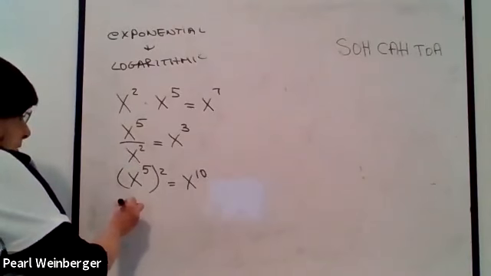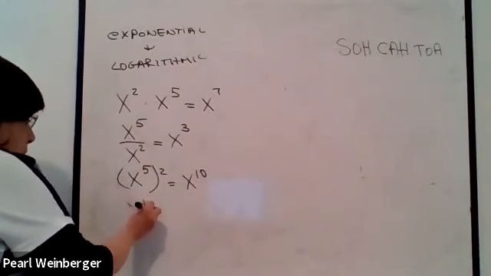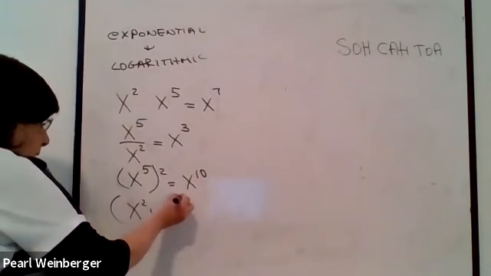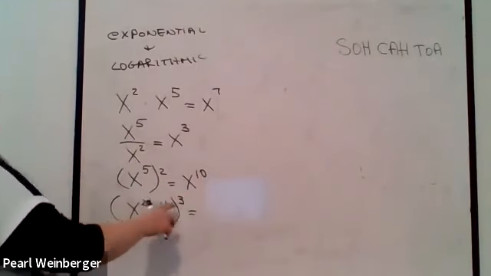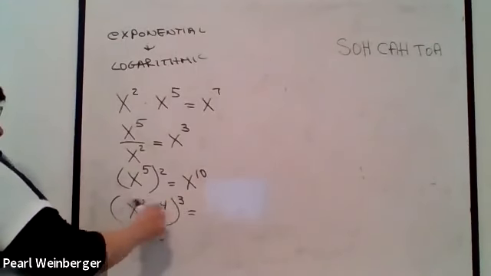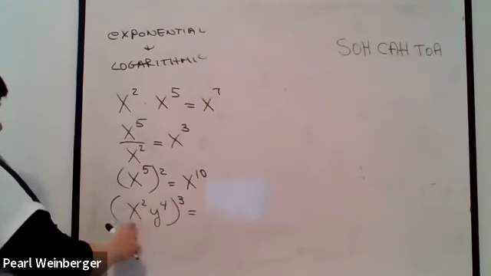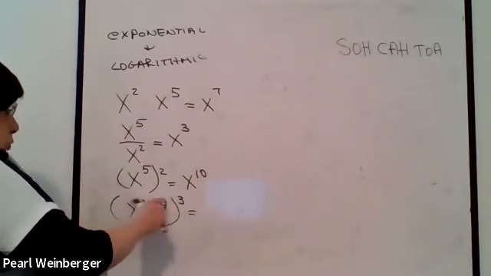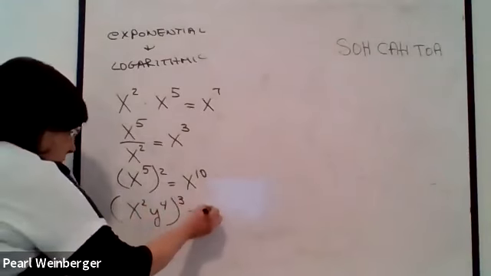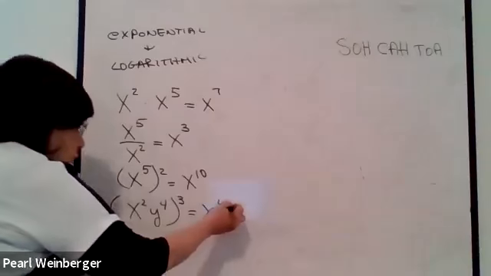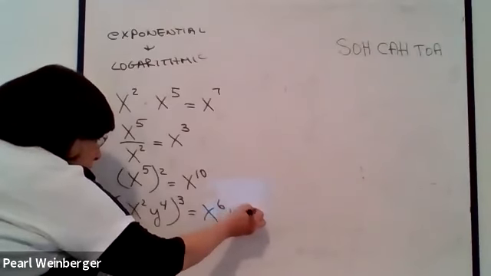If you have something like x squared y to the 4th, and that's raised to the 3rd power, then you distribute that exponent to each of the letters. You can't combine these because they are different bases, but you can do 3 times 2 and get x to the 6th, and 3 times 4 and get y to the 12th.